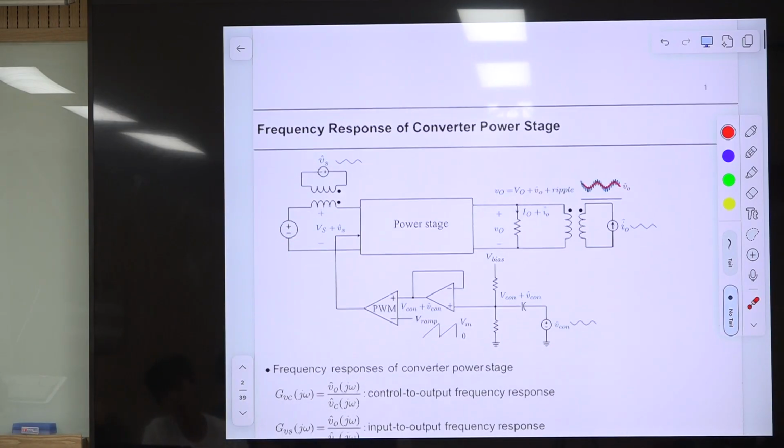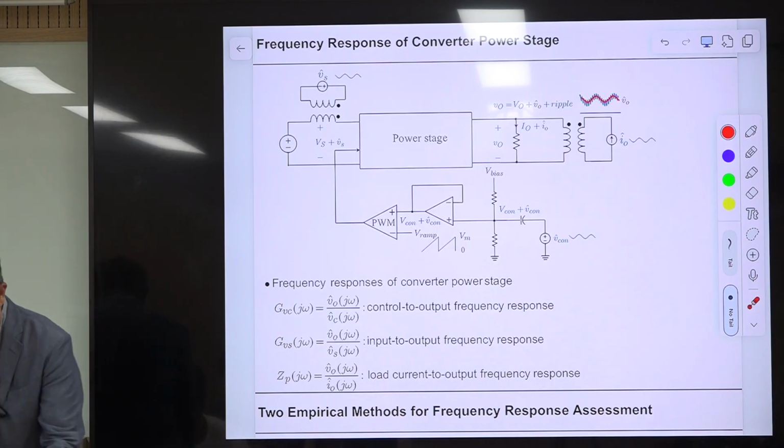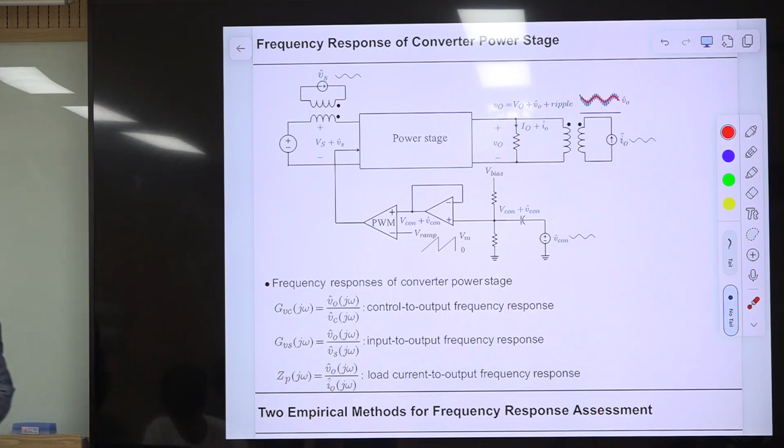Okay, so let's review the basic definition or implication of this frequency response. First, consider the frequency response of a linear time invariant system. Suppose we have a linear time invariant system here, maybe some linear circuit.